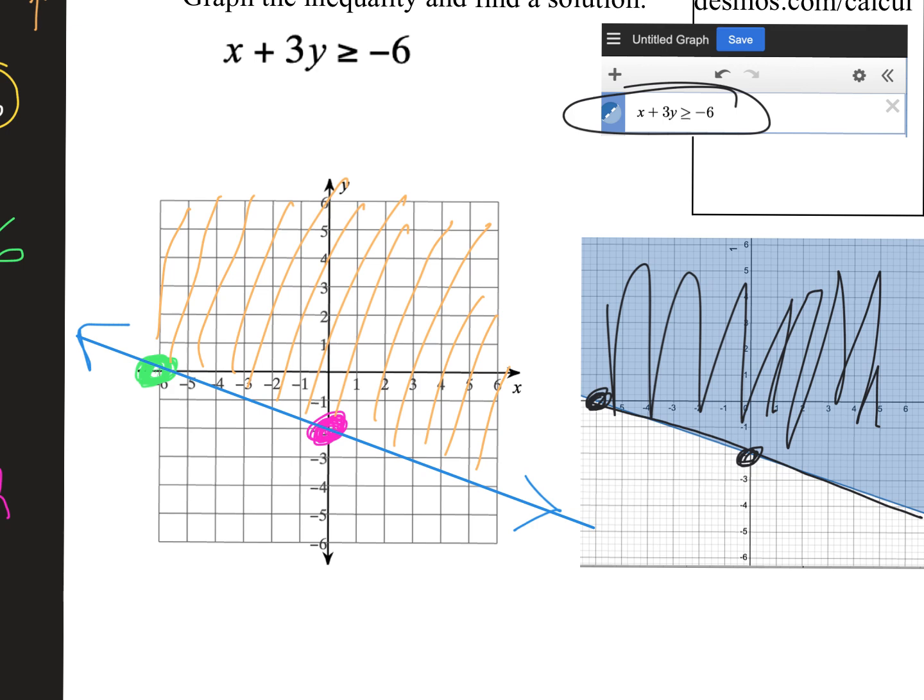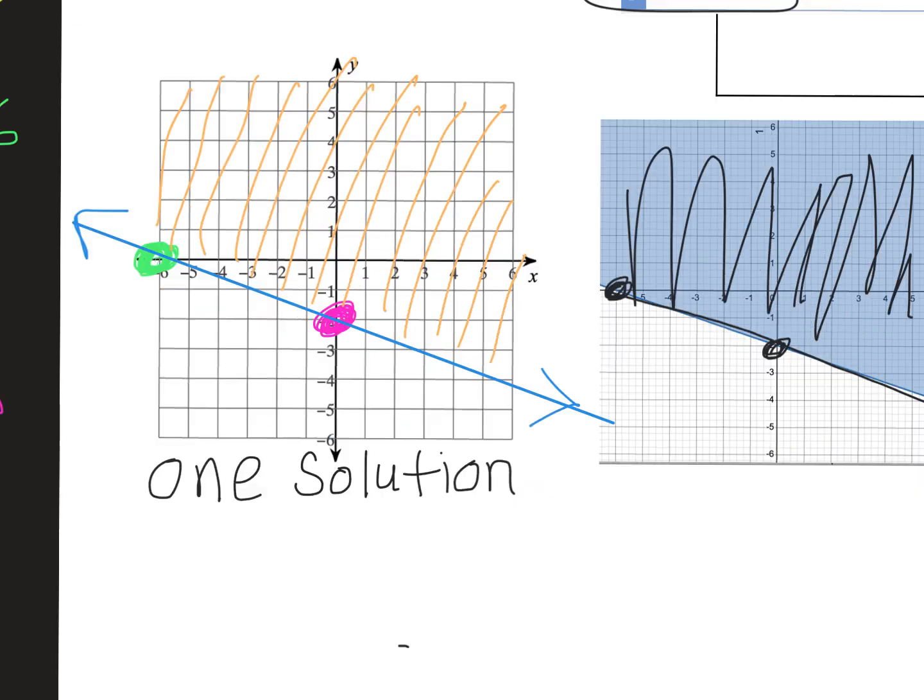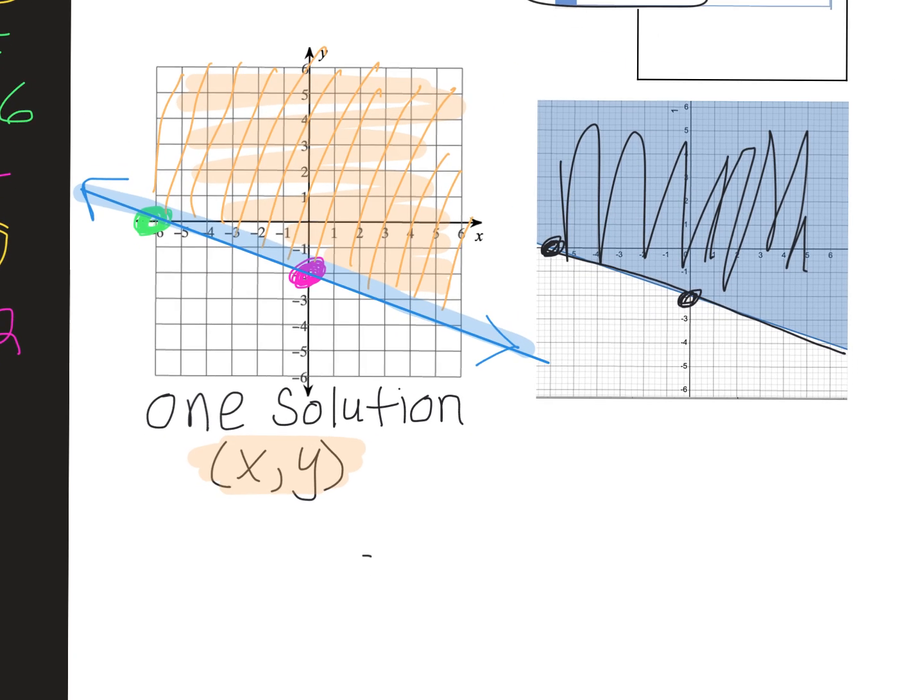So this handout also asks you to determine one solution to this inequality. That means an x or y coordinate that is up here in the shaded region, or because we have a solid line, a solution could also be any coordinate that is on the line.